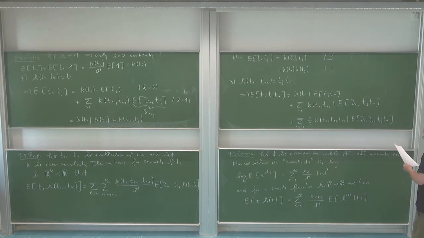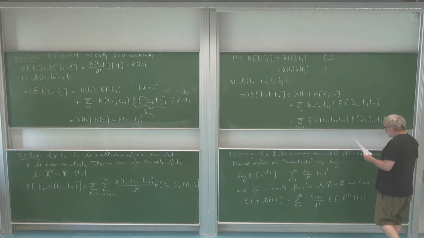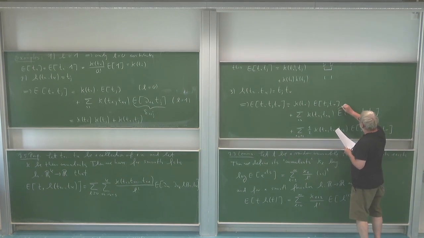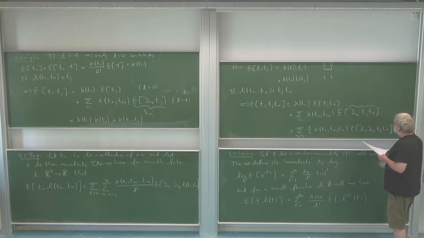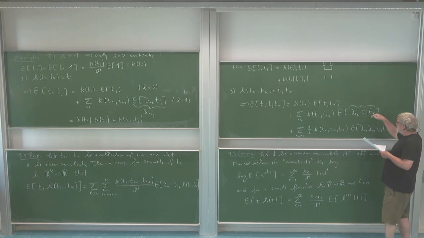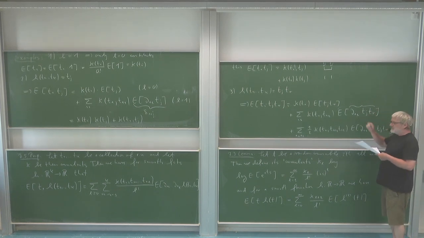Good. Okay, and now we have to work this out. And of course here, this partial derivative, I have a product of two variables. I take the derivative with respect to one of them, so I get the product: the derivative of this times this plus the other way around. And again, the indices must fit.